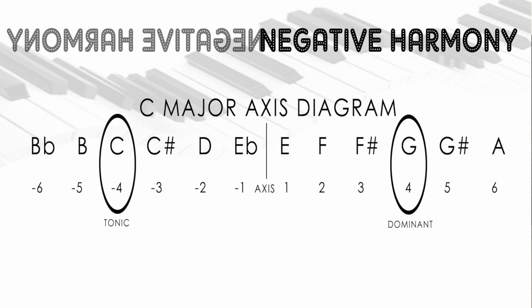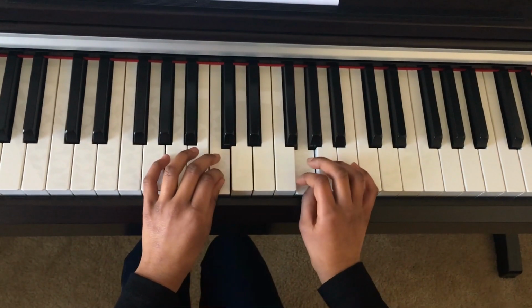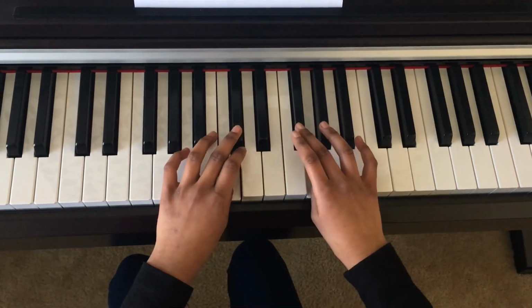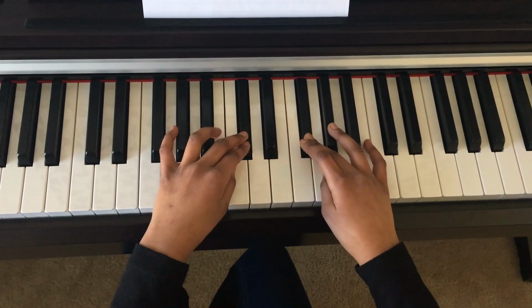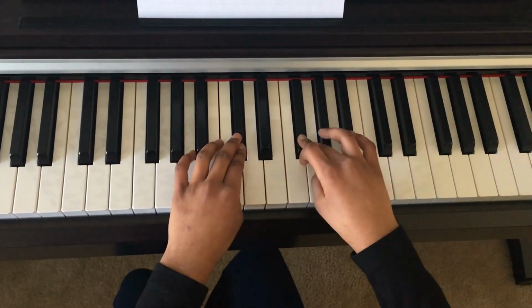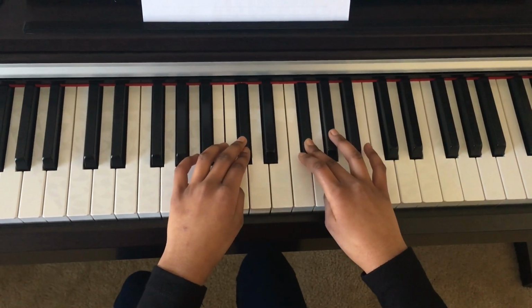You would play what's called a chromatic scale, where you play every single half step. From C, you would play an ascending chromatic scale, and from G, the dominant, you would play a descending chromatic scale until both the C and the G end up clashing at one or two notes. So you start with C and G. You go up a half step from C to get C sharp, and down a half step from G to get F sharp.